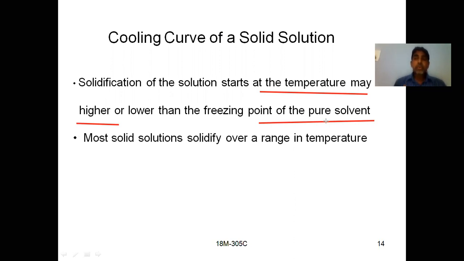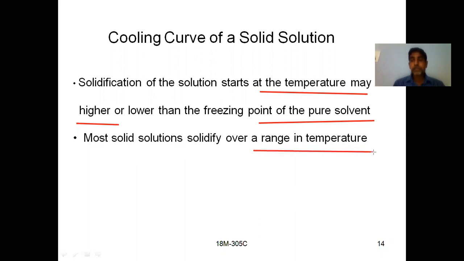So you are having two atoms A and B, and in our example A is our solvent. A is having some freezing point, and the solidification starts above or below the freezing point of the pure solvent. Most of the solid solutions solidify over a range in temperature.